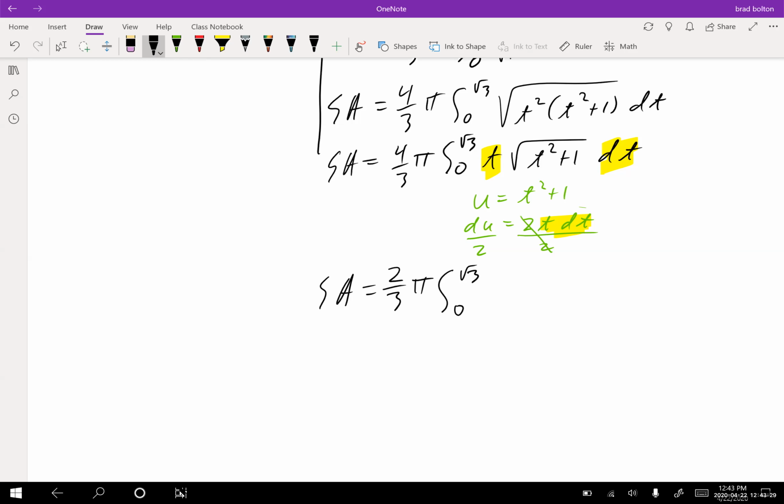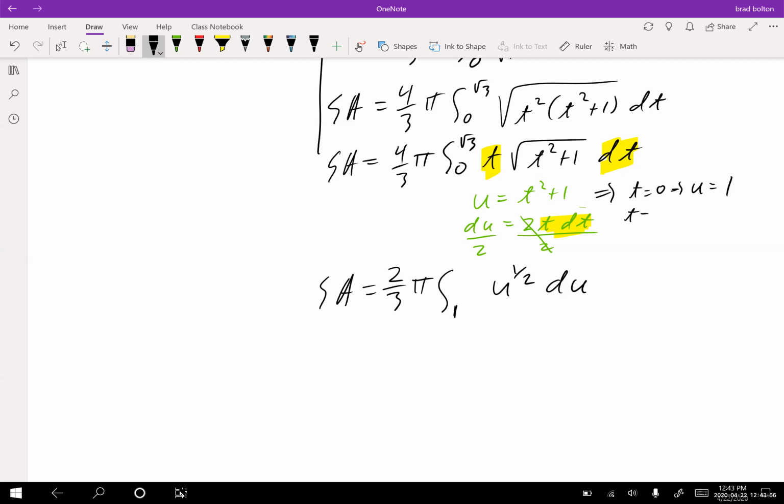And here I'm with u to the 1/2 du. Okay, and I technically should change my numbers. Okay, so let me change these. If u is equal to t squared plus 1, when t equals 0, then u equals 1, so this will be 1.